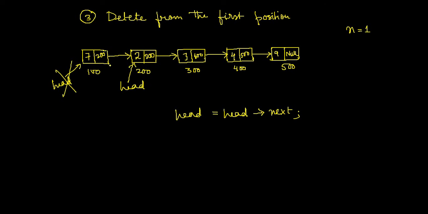Since you don't have any way to come back from the second node to the first node, although this node is still in the memory, there is no way to return back. So whenever you display the linked list, your display will start from 2, because your head is pointing to this node.